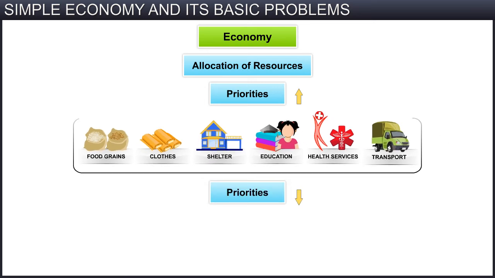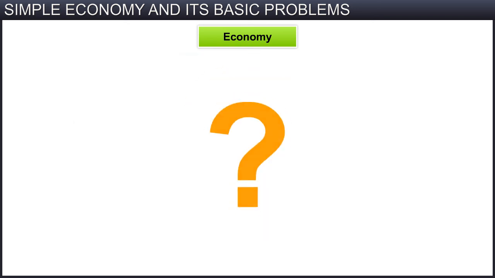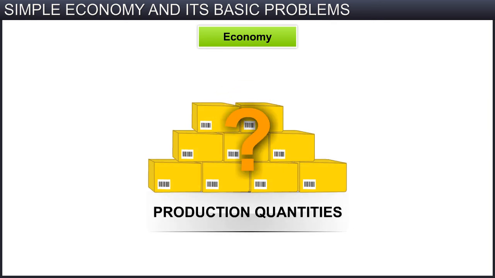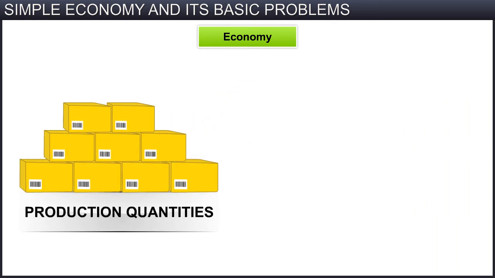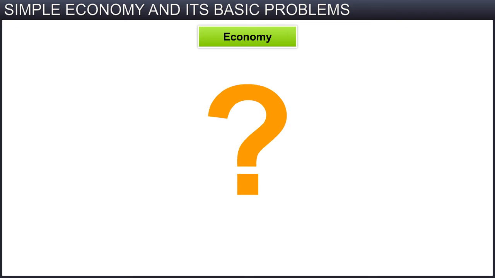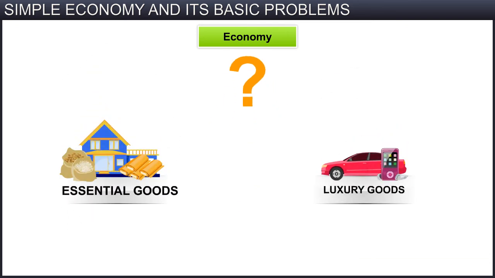Less priority is given to luxury goods, like cars, iPods, and so on. The next question relates to production quantities. How much of a particular good should be produced utilizing the available limited resources? In any economy, the question of whether to produce more essential goods or more luxury goods always arises.